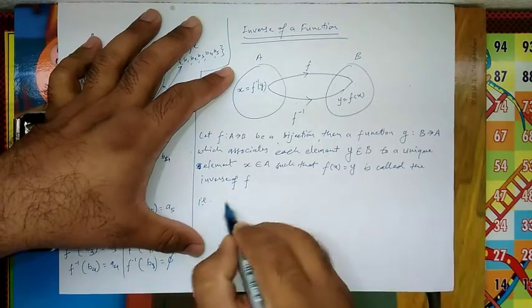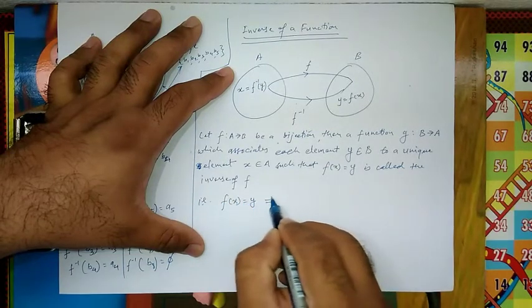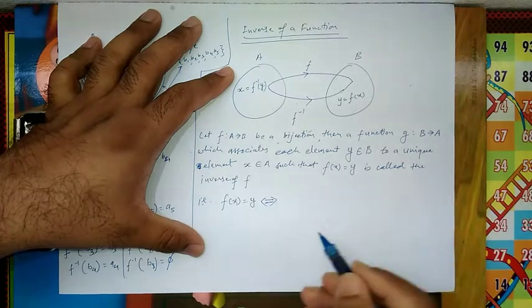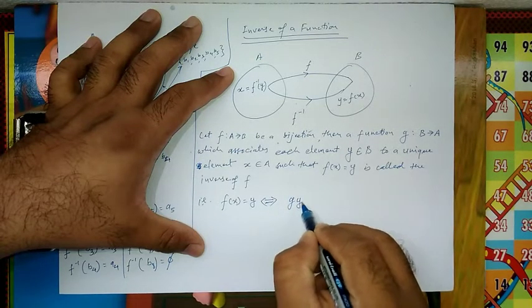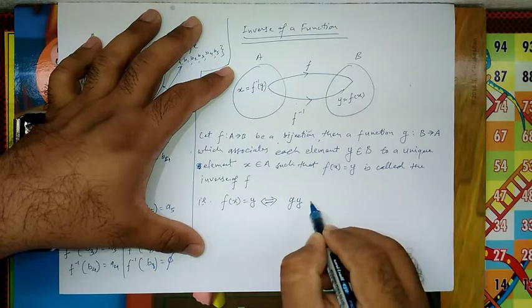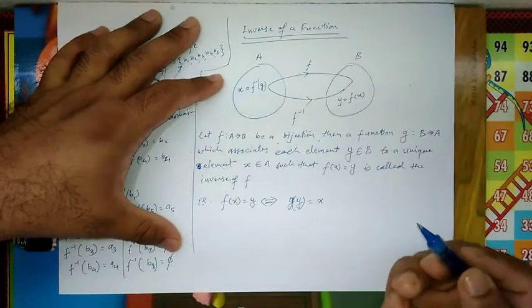That is, f of x equal to y implies, on both sides, g of y equal to x.